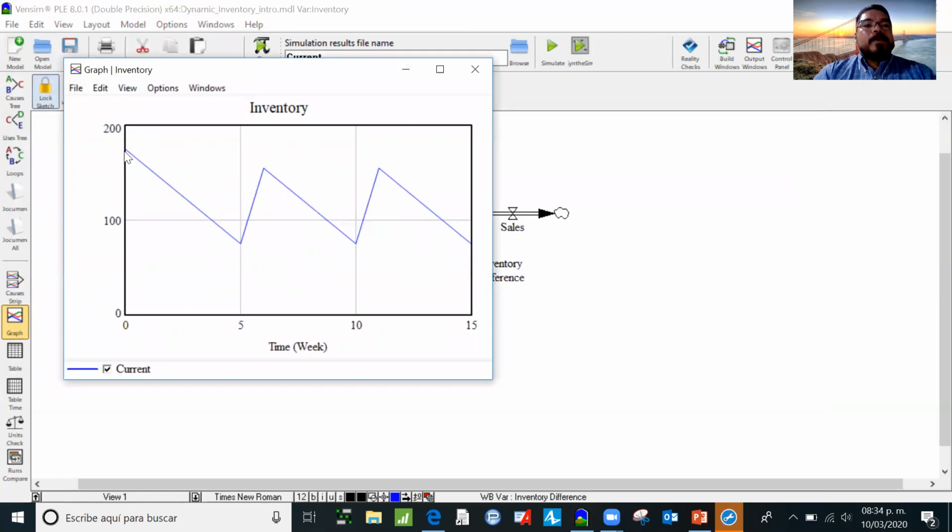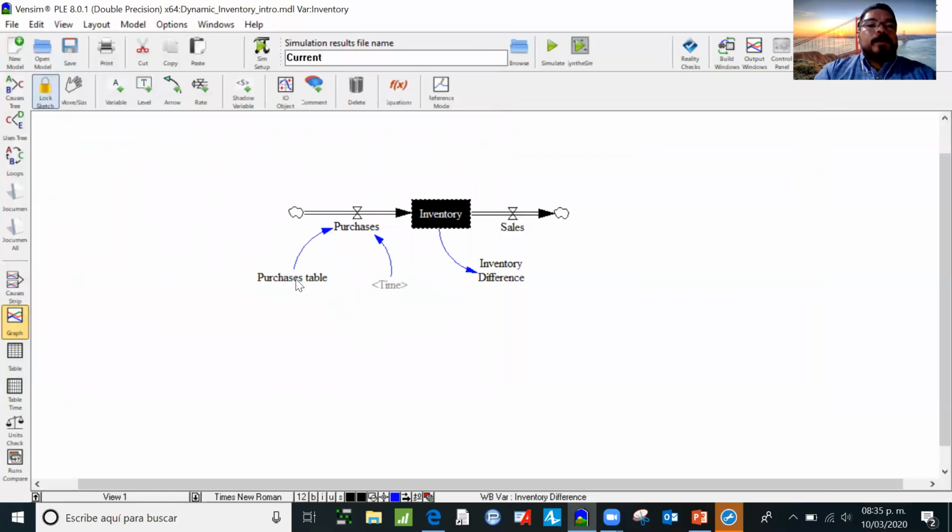So this is the situation. Here is 175. It decreases until it goes down to a value of 75 in this situation. Then it goes up again because I buy new product, and it keeps getting to this 75 value that will be our backup inventory. Okay. But I can also choose, for example, the purchases table, even though I know what the information will be, just to check it.